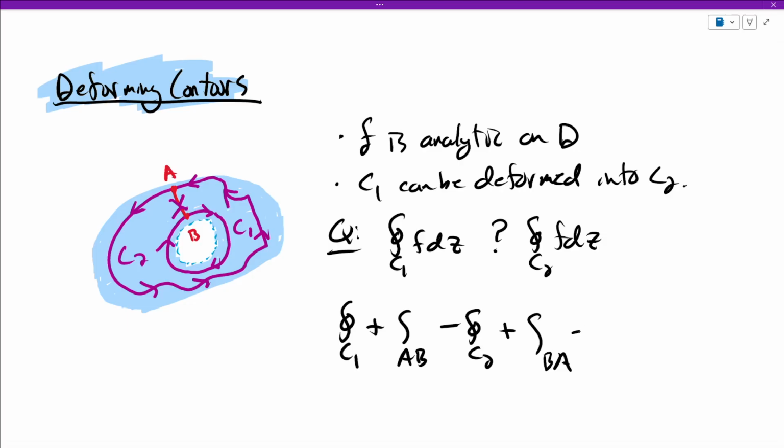So what this tells us is this integral is zero by the Cauchy-Goursat theorem.